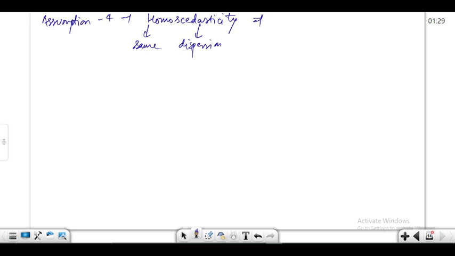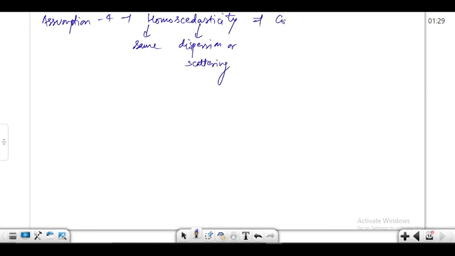Then there's a fourth assumption. Assumption 4. It talks about homoscedasticity. So this simply means homo means same, skedasticity means dispersion or scattering.